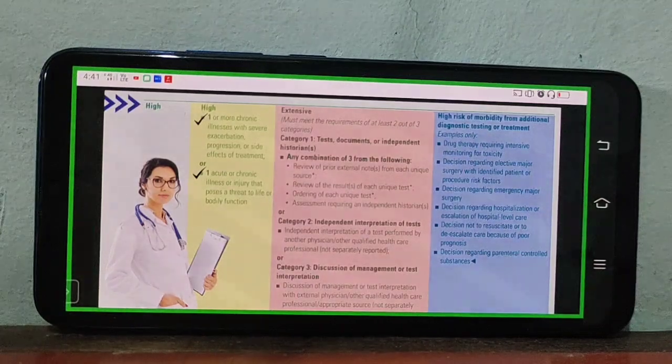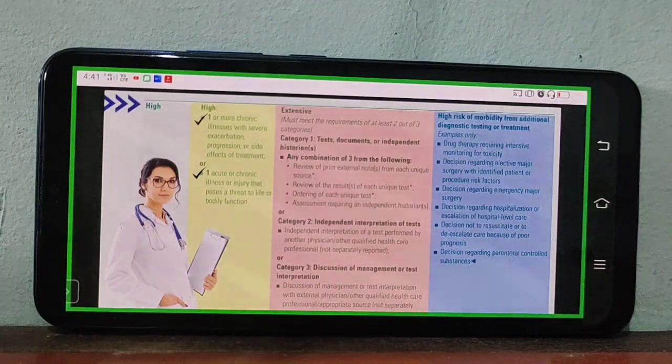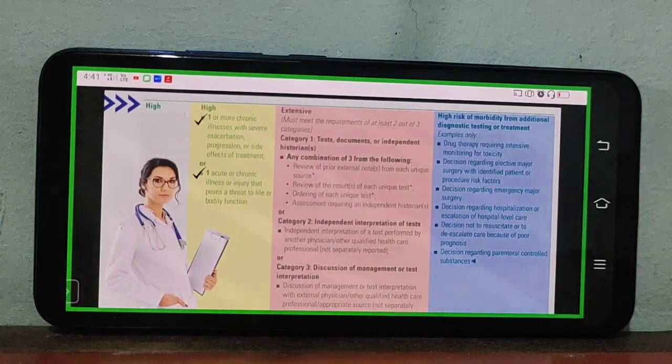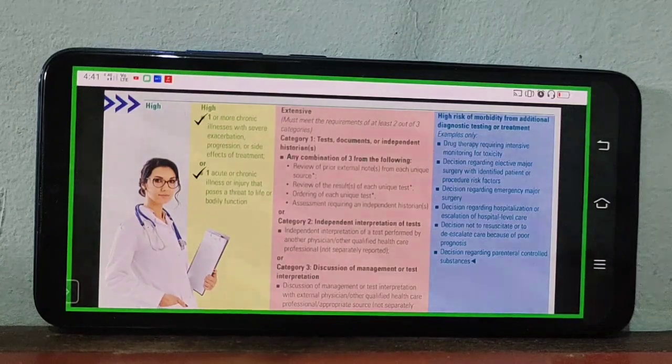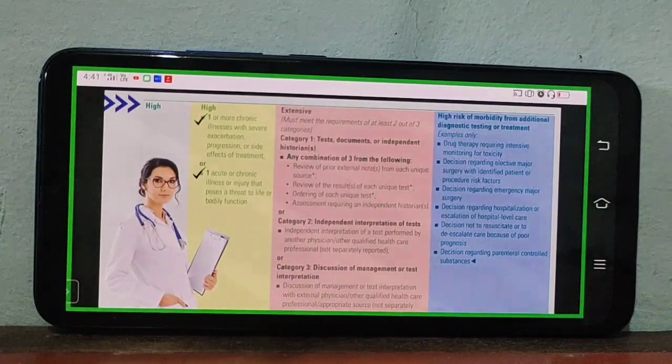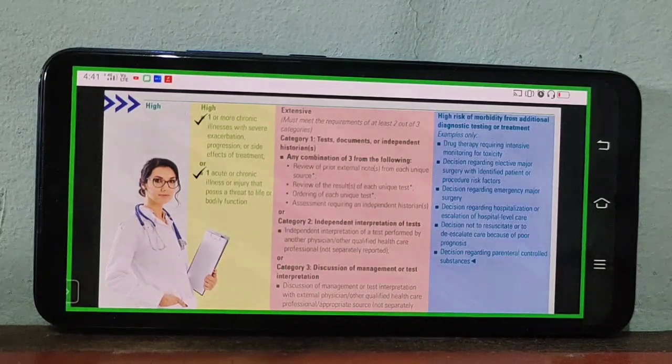Then the decision of emergency major surgery. If a doctor takes the decision for emergency major surgery, that will get 1 point. And the doctor takes the decision to admit the patient into the hospital or de-escalate the hospital care. So that means discussion regarding hospitalization or escalation.